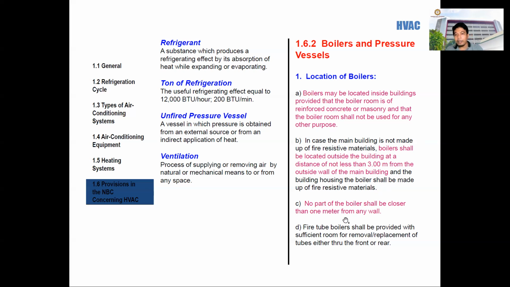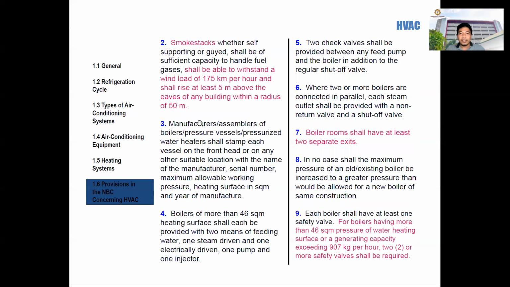And then letter C, no part of the boiler shall be closer than 1 meter from any walls. And then letter D, fire tube boilers shall be provided with sufficient room for removal or replacement of tubes either through the front or rear. So that's for the location.